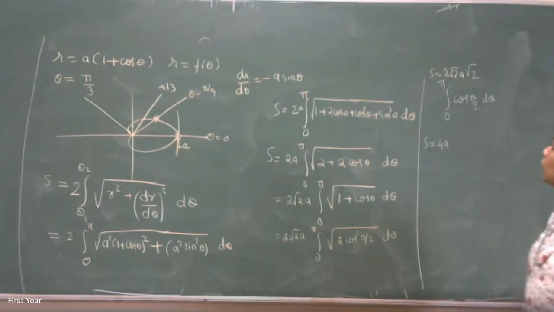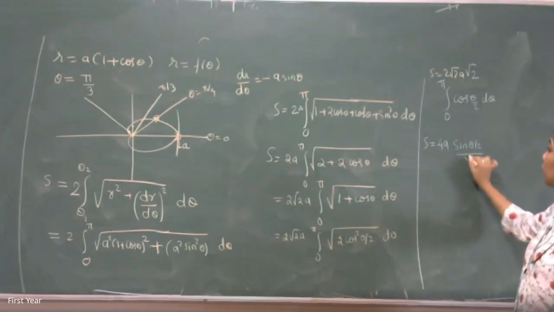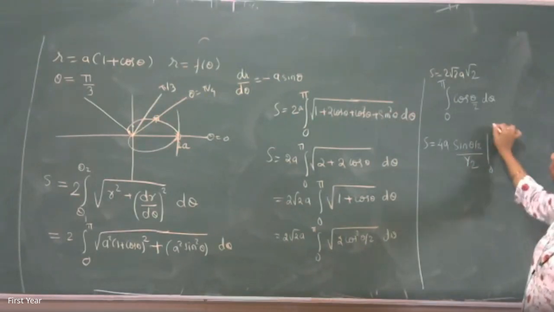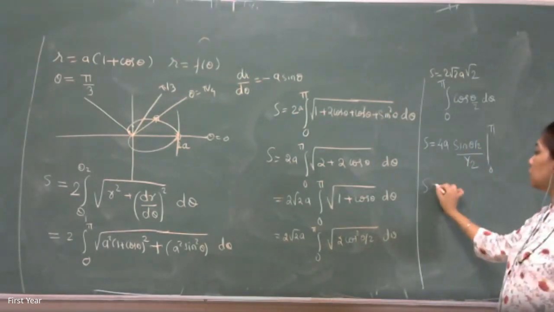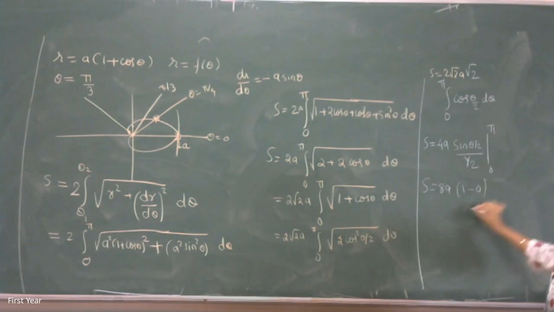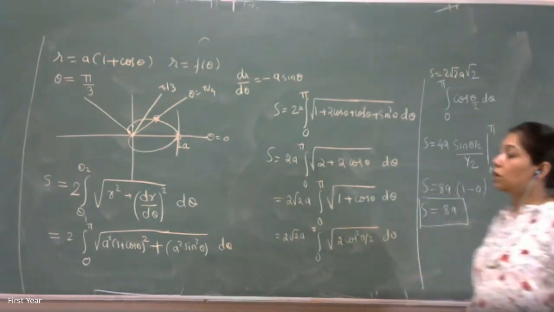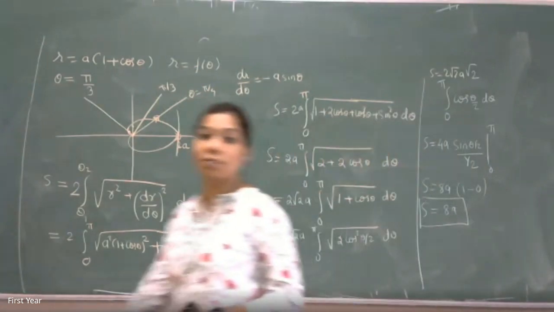So 4a integration of cos is sine of theta by 2 divided by 1 by 2 from 0 to pi. So it will become s is equal to 8a, and put theta is equal to pi, sine pi by 2 is 1 and sine 0 is 0. So your arc length is 8a. Total arc length of the cardioid or perimeter of the cardioid.